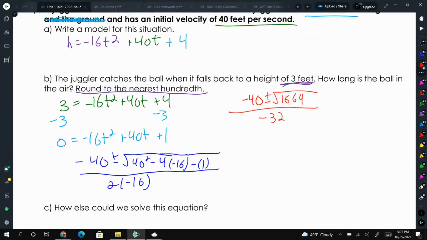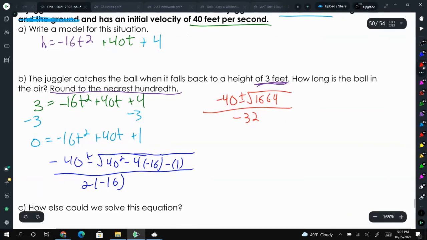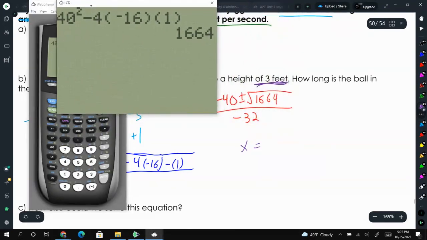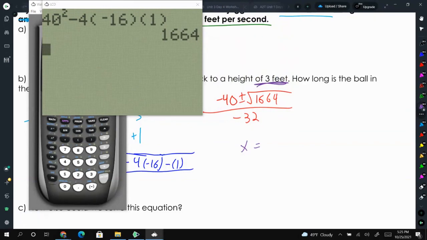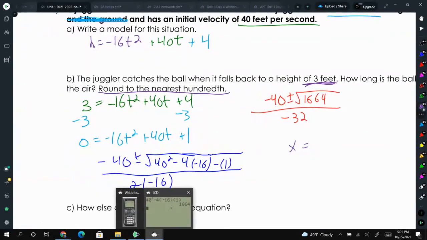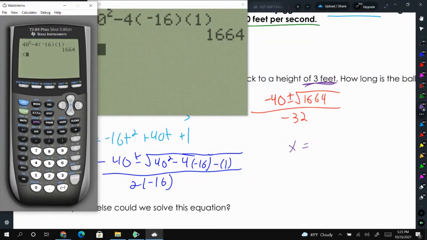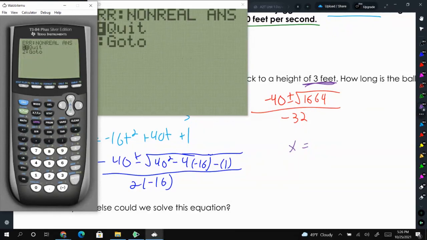Now, normally I would try to simplify this a little bit, but because we can use the calculator, and it says round to the nearest hundredth, I'm going to have my two answers. I'm going to type in parentheses, negative 40 plus the square root of 1,640 divided by negative 32.